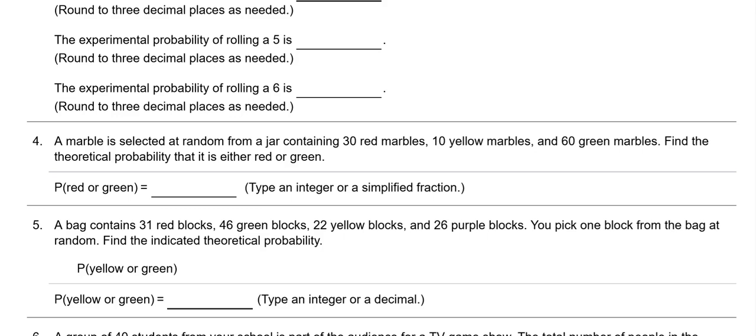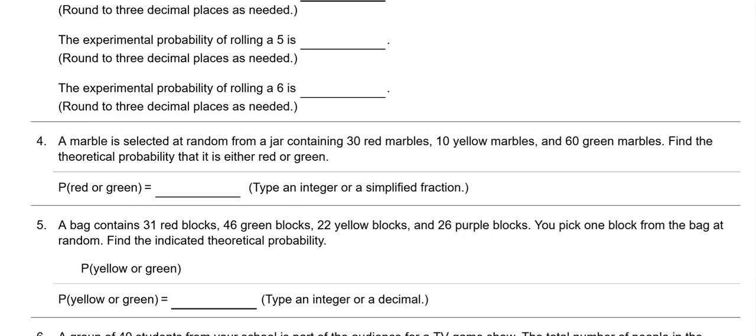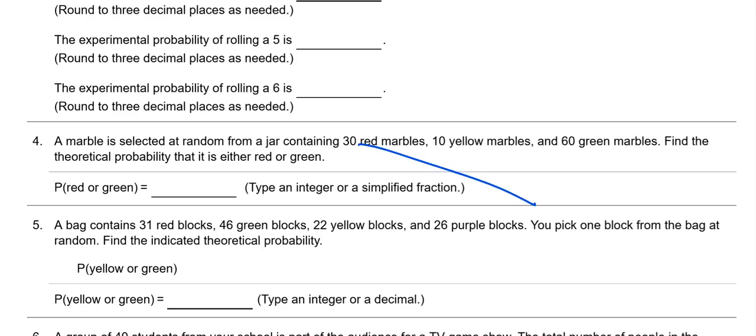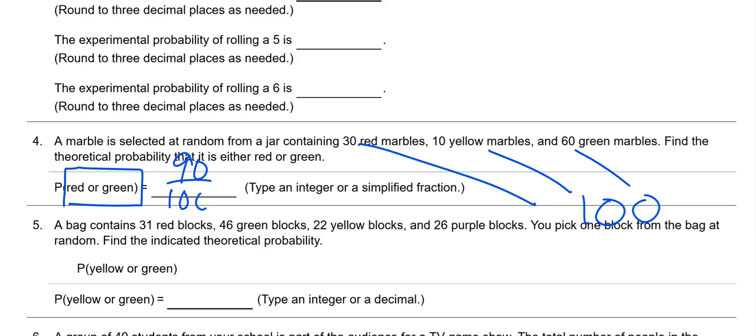How many total do we have? 100 total, right? And how many of them are in this group, red or green? That's 90, right? So you have 90%. You can write 90 over 100, you can write 9 over 10, you can write 0.9, you can write 90%. Any one of those answers is going to get you full credit.